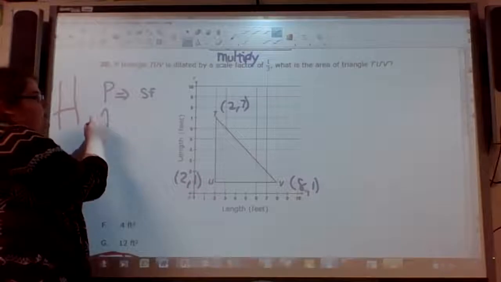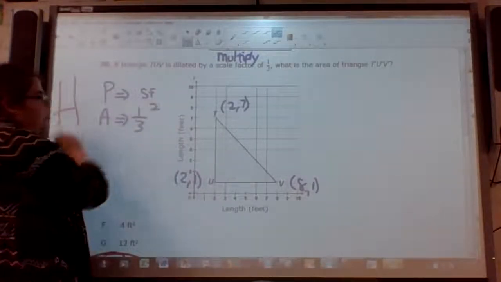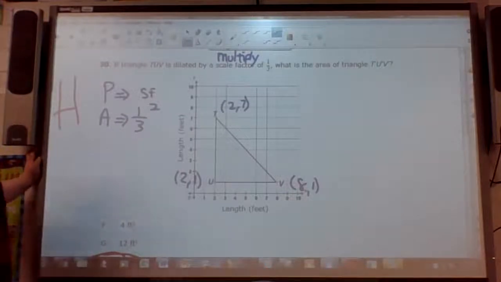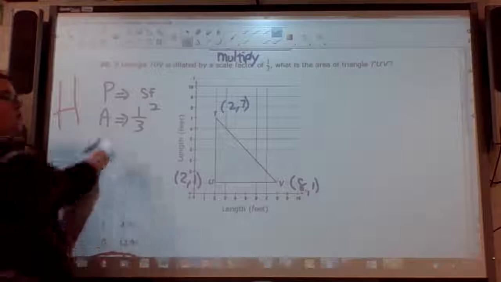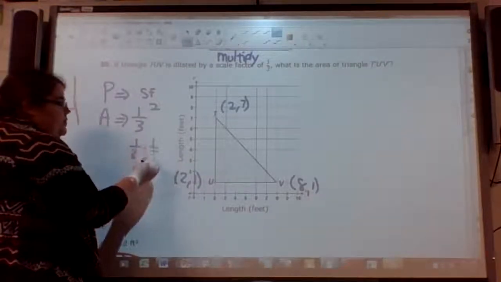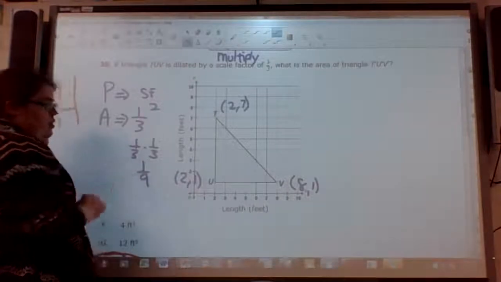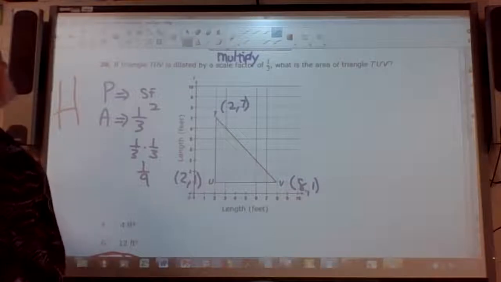But if you're doing the area, you're going to take that scale factor and square it, and multiply the area by that number. So the square of 1/3 is 1/3 times 1/3. That is 1/9. Because area is a square.